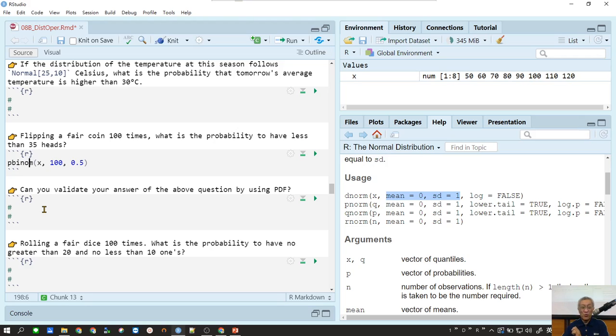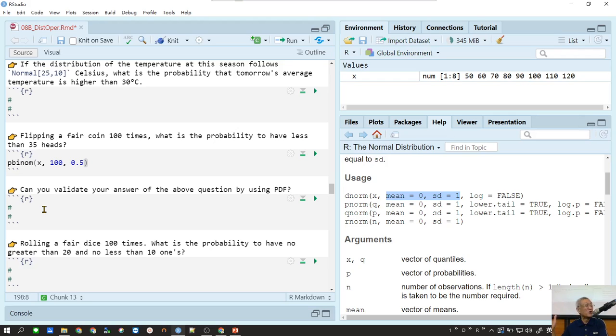And what is the X? 35. Is that right? Less than 35, not including 35. Right? So if you're using the P function, it counts up to X, including X. Okay?